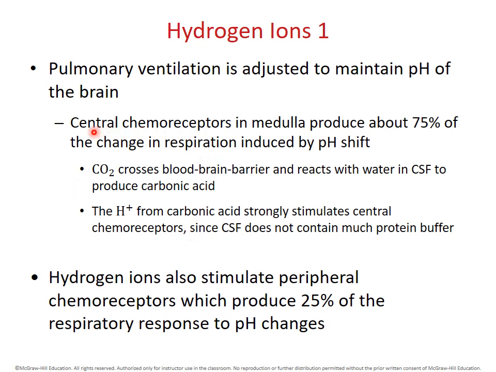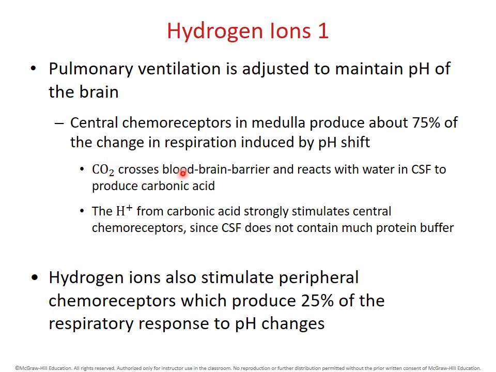And again, the most important chemoreceptors in this mechanism are the central chemoreceptors in the medulla that we've talked about before. About 75% of the ventilation response is induced by pH changes in the cerebrospinal fluid around the medulla by these central chemoreceptors.